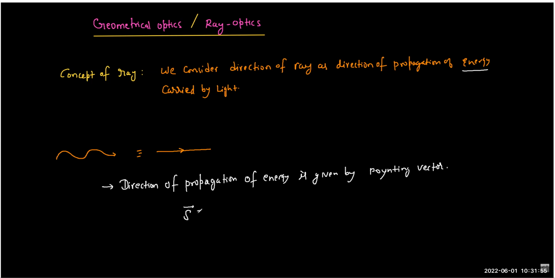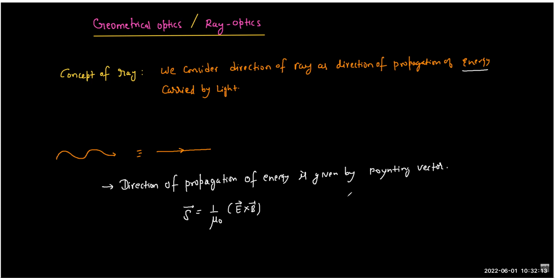The S vector we write as 1 upon mu naught, where mu naught is the permeability of free space.